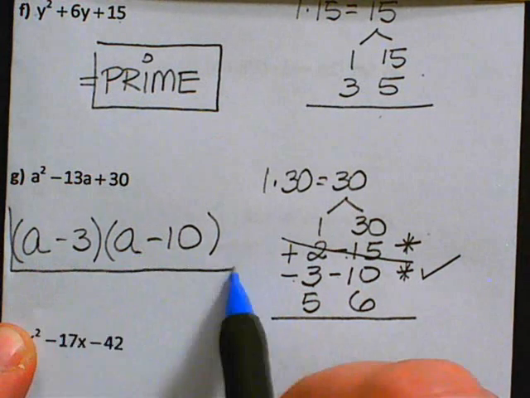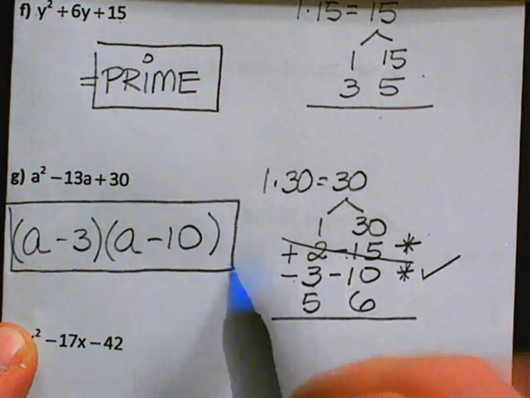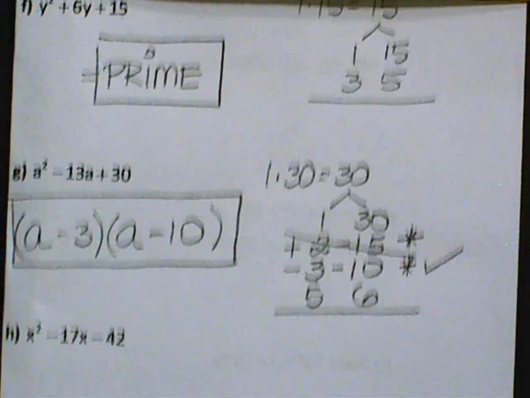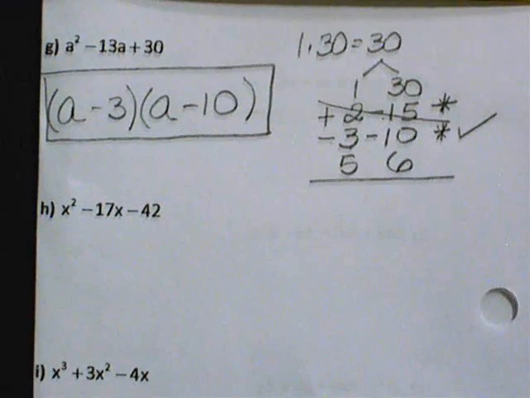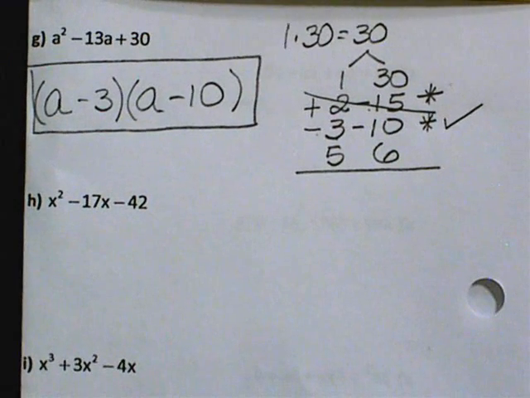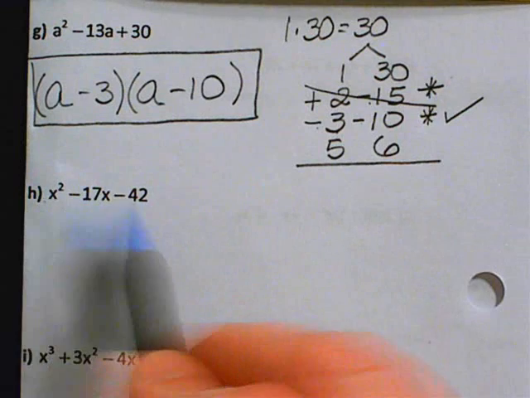Alright, let's go on to the next problem. Here I have 1 times 42 is 42.